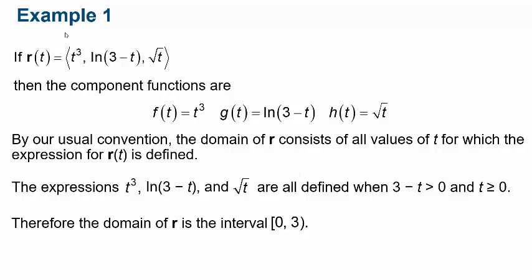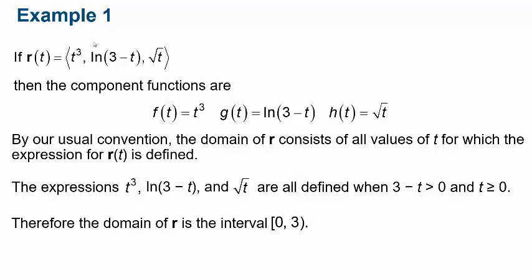So what would be the domain of this vector valued function? Well, look at this. This first component can take on all values of t. The square root can only take on values of t greater than or equal to 0. But what about the natural log? This must be greater than 0, because you can't plug in 0 or negative numbers in the natural log.